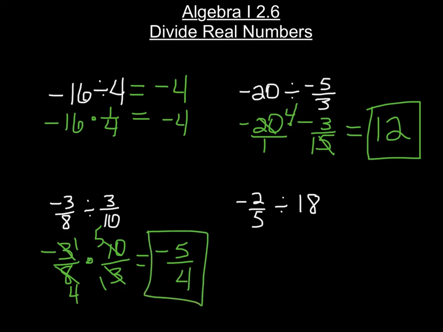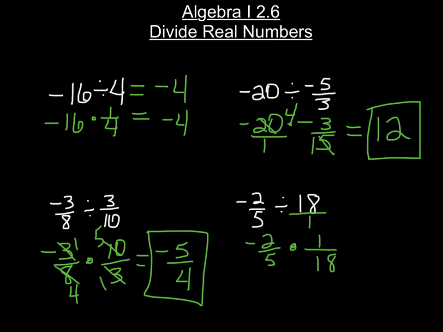The last problem that we are going to look at on this page is negative 2/5 divided by 18. So we're going to have negative 2/5, change your divide to multiply, and remember that we must multiply by the reciprocal. Okay, the denominator of 18, or of any whole number, is 1. So when we take its reciprocal, the 1 simply goes to the top, and the whole number goes to the bottom, and we will get this fraction.